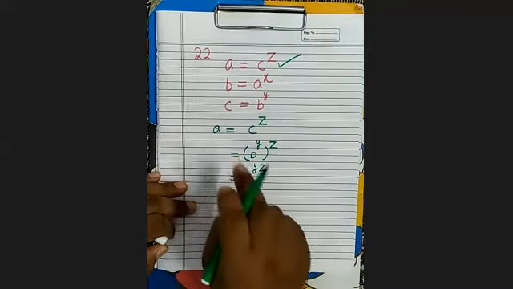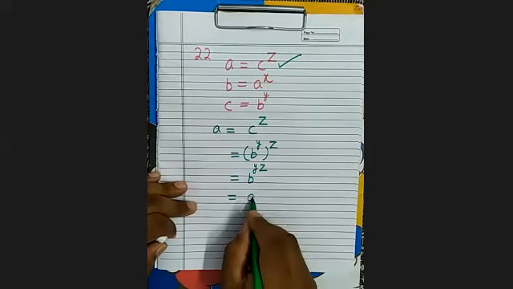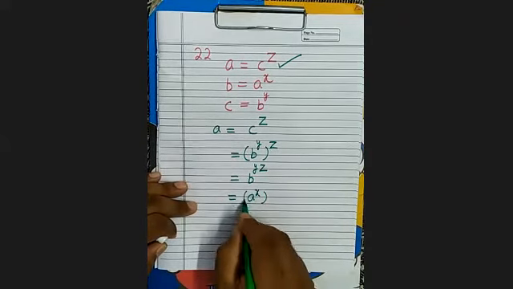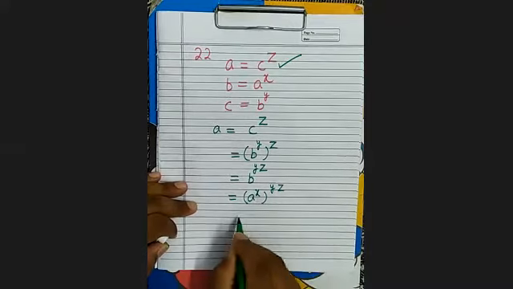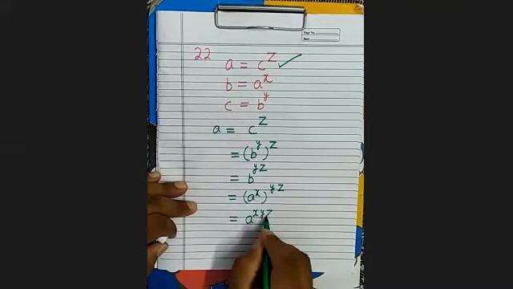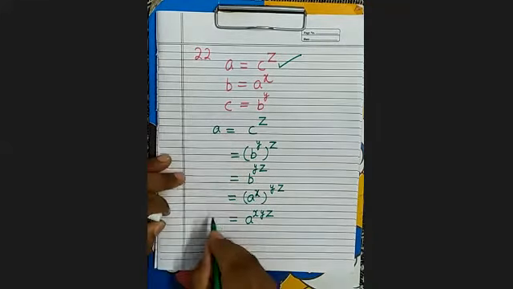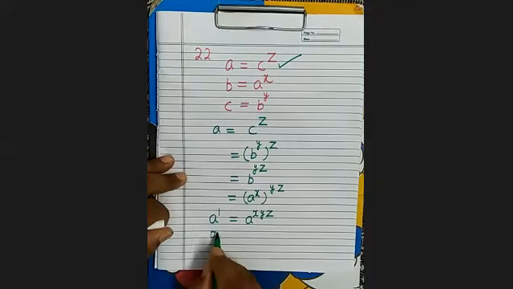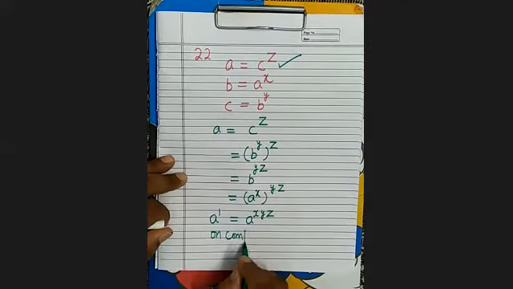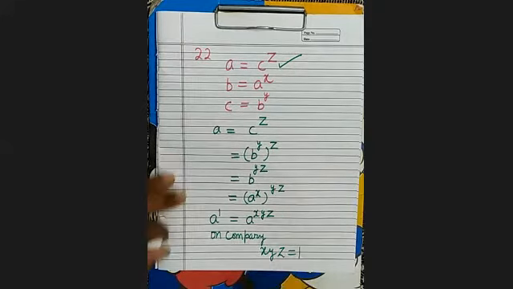Now in place of B you can write A to the power X, whole to the power YZ, means A to the power XYZ. And here it is A, so no power means 1. So on comparing, XYZ will be equal to 1.